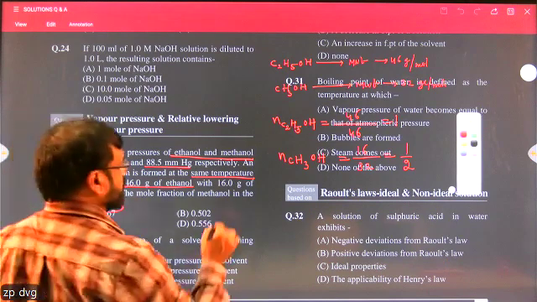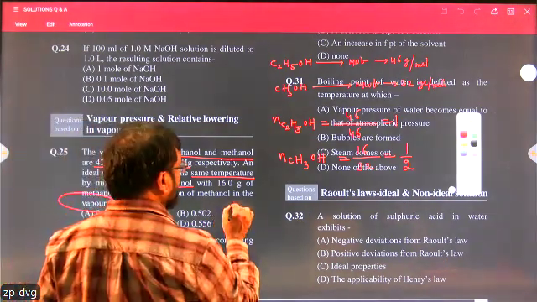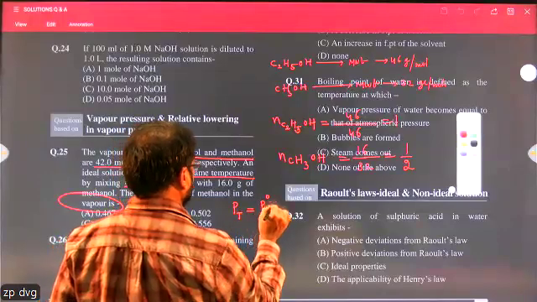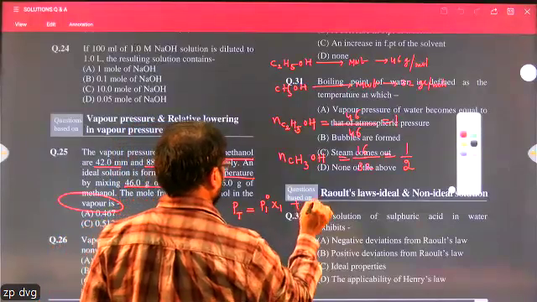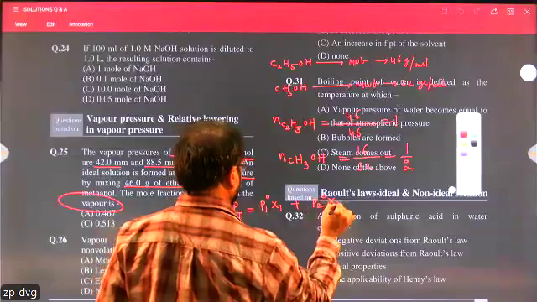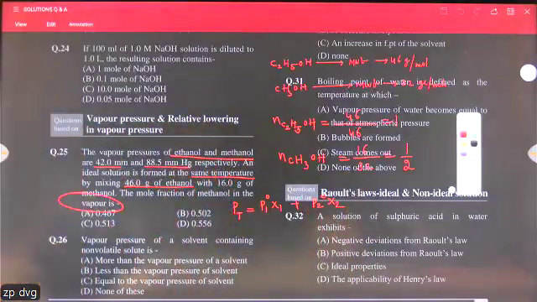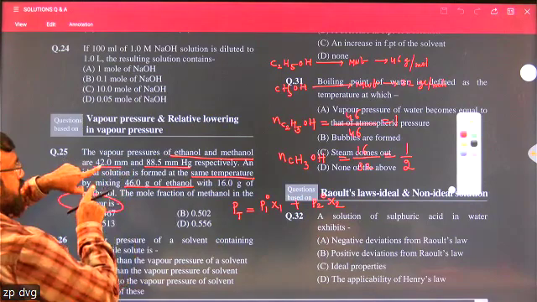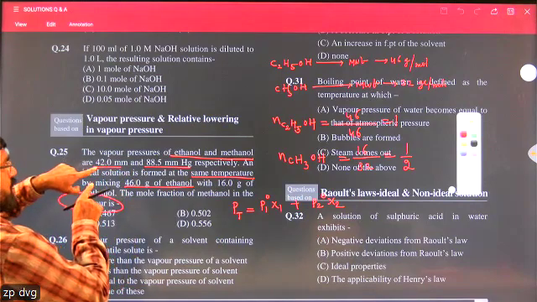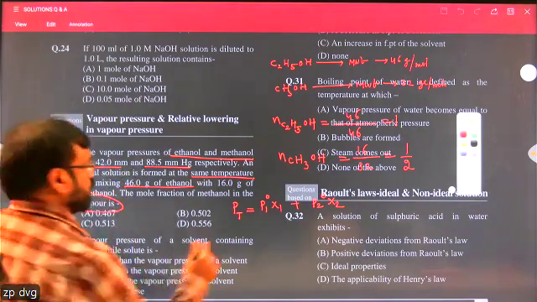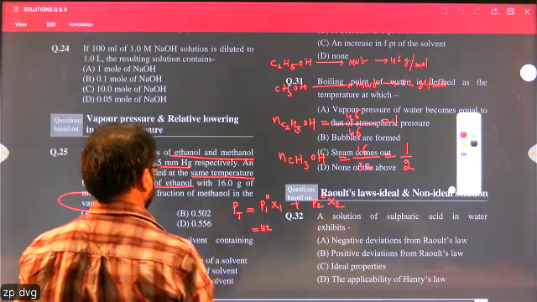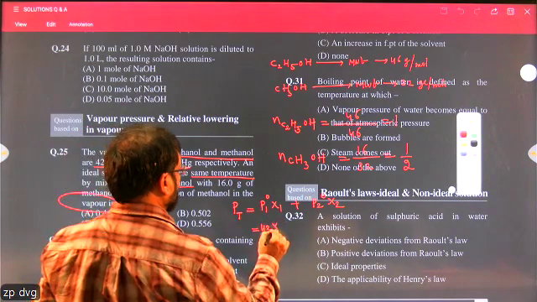Vapor phase. So first of all, according to Raoult's law, we can write P total is equal to P1 naught x1 plus P2 naught x2. First, the 42 they have given is the vapor pressure of the ethanol. So ethanol vapor pressure in pure state 42 into its mole fraction.